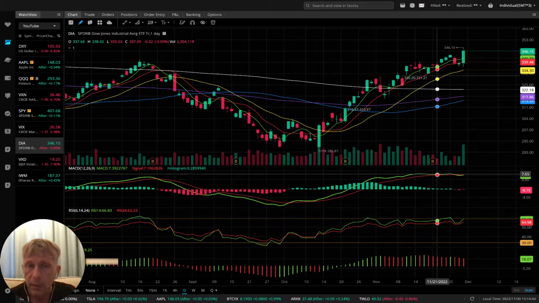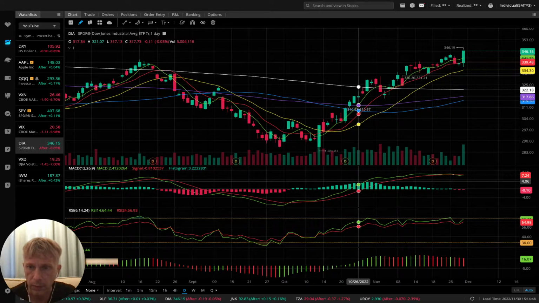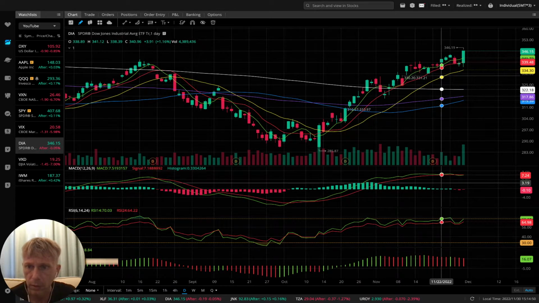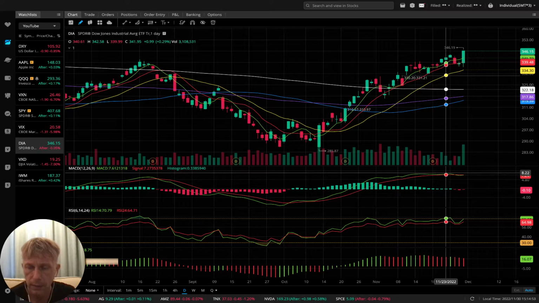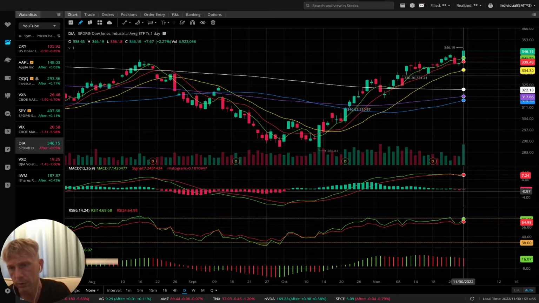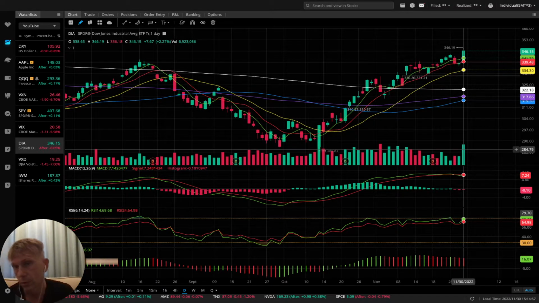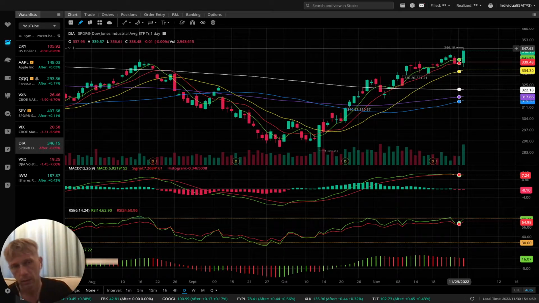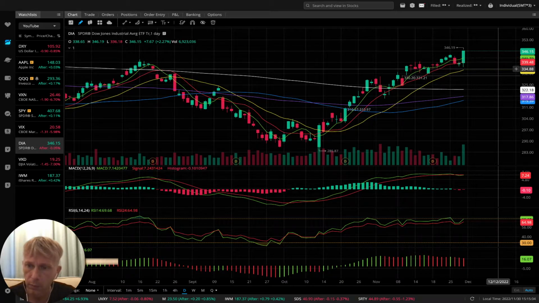MACD, it's bearish divergence on the histogram, bearish divergence on MACD line, it's building bearish divergence. We'll see if it can destroy, but so far it looks like the Dow still wants to go bearish.